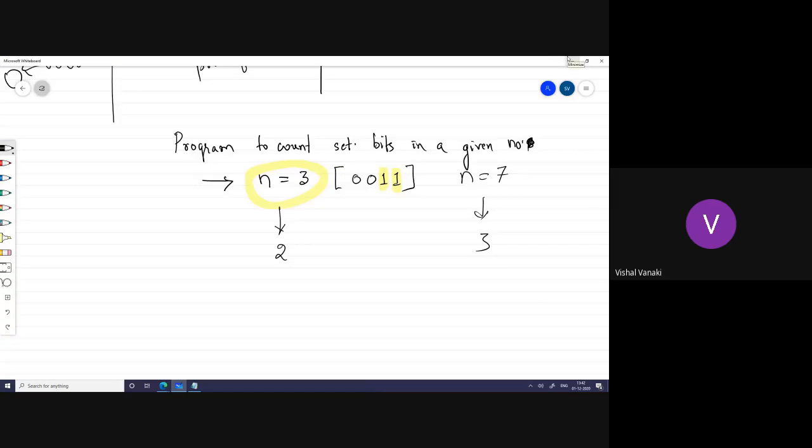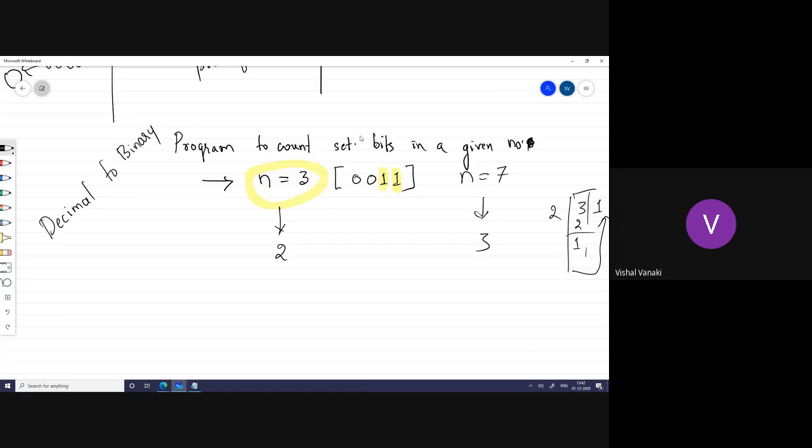It's simple. You know decimal to binary conversion. So how do you do that? You have some method. 2 ones are 2, remainder 1. Whenever you get 1 as a remainder, you will count it.